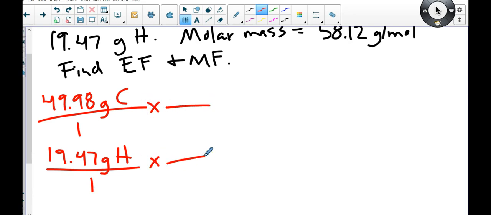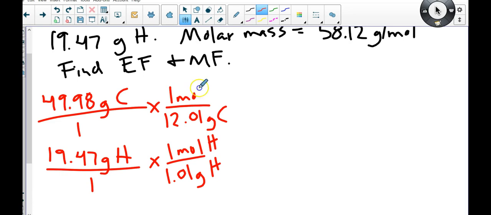Go ahead and convert them by yourself to moles. You already know how to do that part. And like I said, do 3 decimal places here.